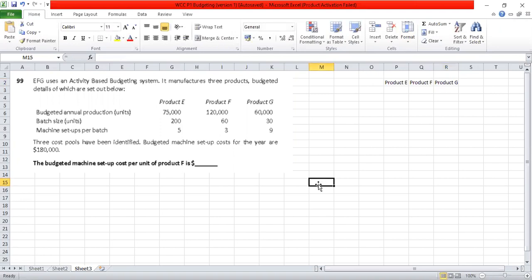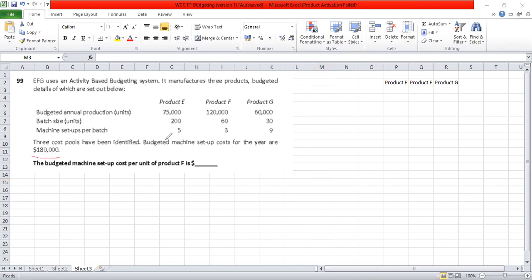So first we need to know what is the machine setup cost which is allocated to all the three products. After that we have to divide by the number of units and find out. That is the way in which overheads are allocated. The total amount of overhead costs incurred or anticipated to be incurred.